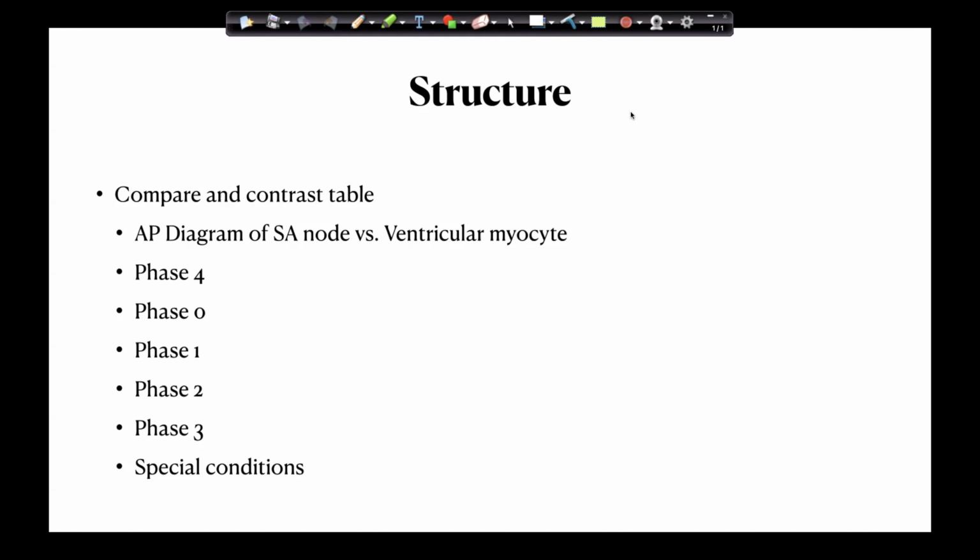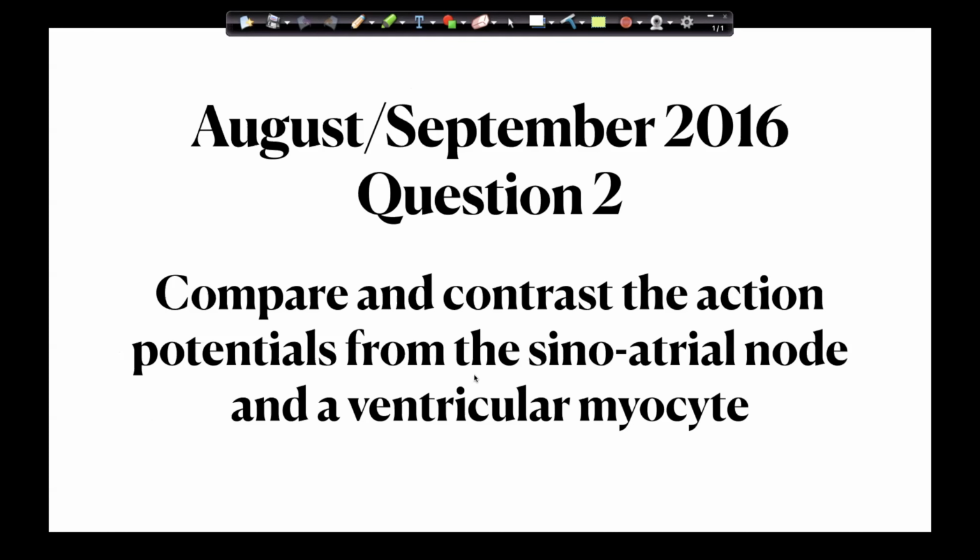The second column will be for the SA node, and the third column will be for the ventricular myocyte. Then I'll also have the action potential diagram for both the SA node and the ventricular myocyte.